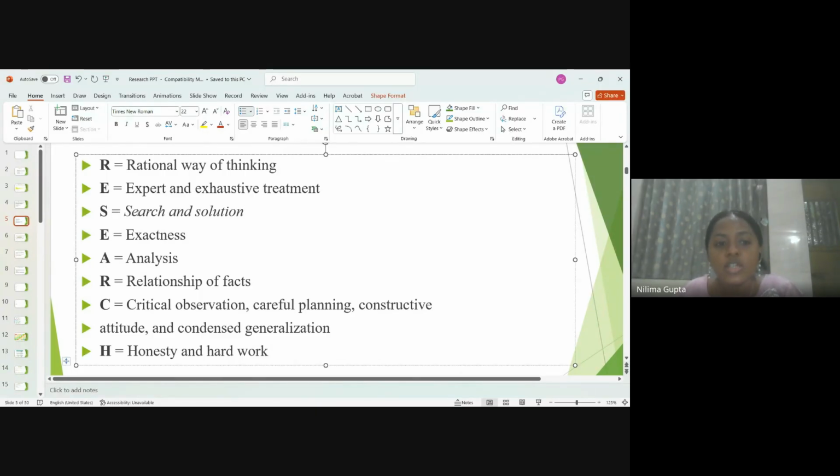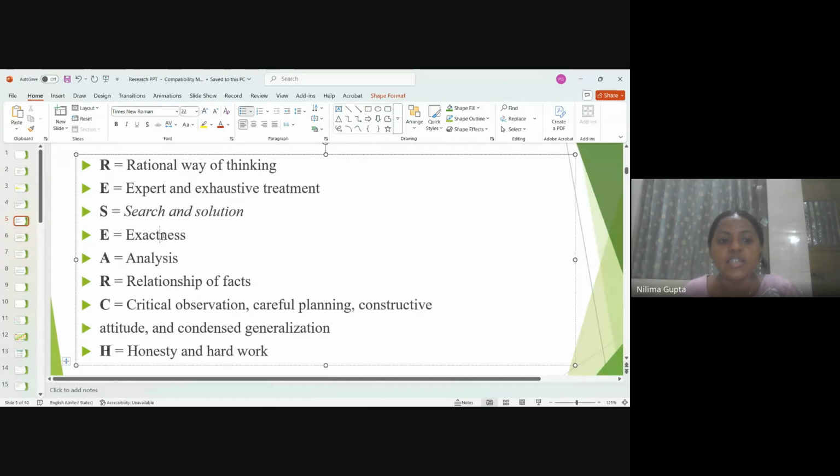Research will always focus on search and solution. Without a solution, your research does not mean anything. So at the end of the day, if we are taking up a problem, we are finding a loophole, we have to provide a solution also. If there is no solution, the research is not taking place in a true sense.